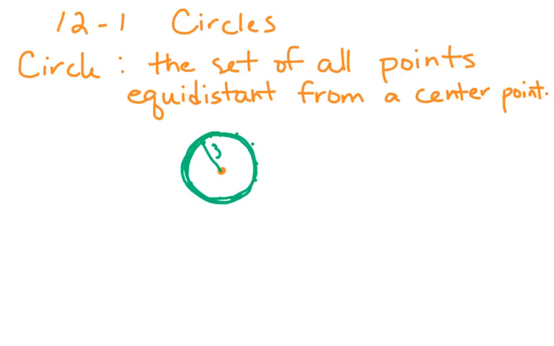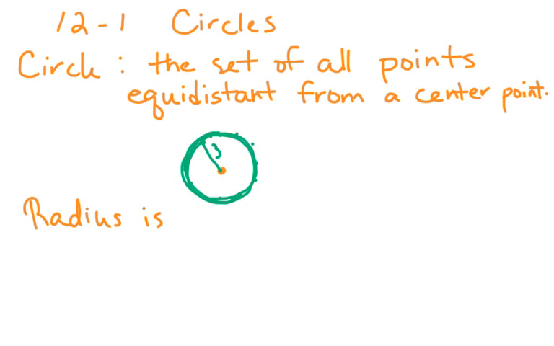Now, the distance from the center to the circle is called the radius. So that's another vocabulary word we need. So the radius is both a distance and a segment.